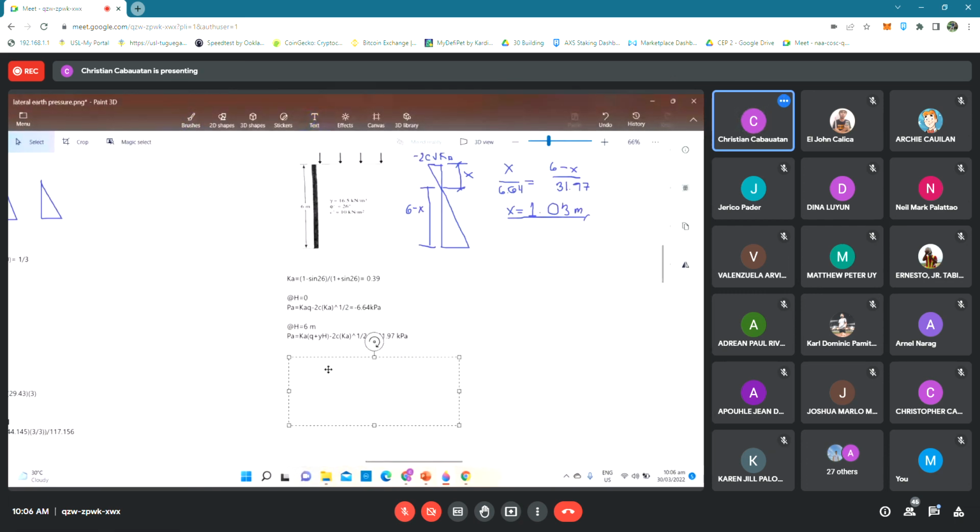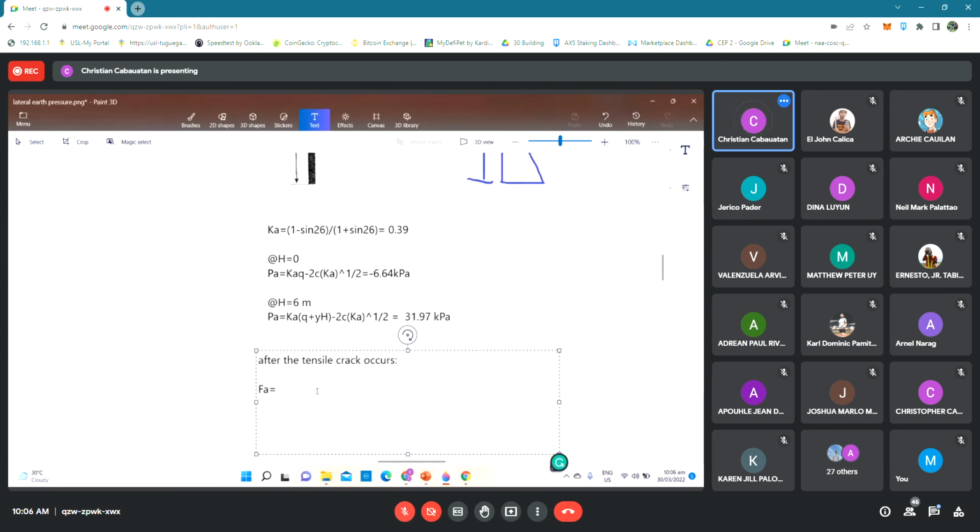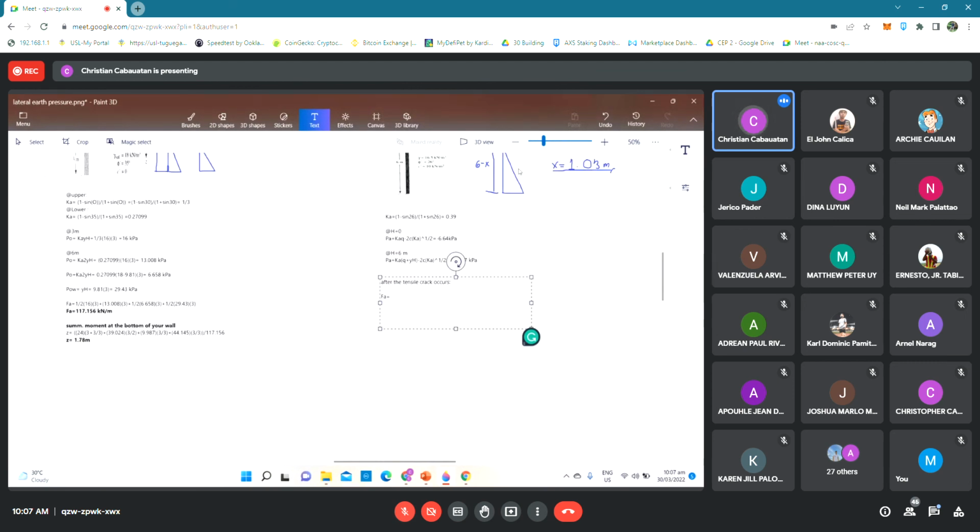Your FA is the area of the bottom part, because after the tensile crack, before the tensile crack it would be the upper part too, but since it is after the tensile crack, we only add this layer.